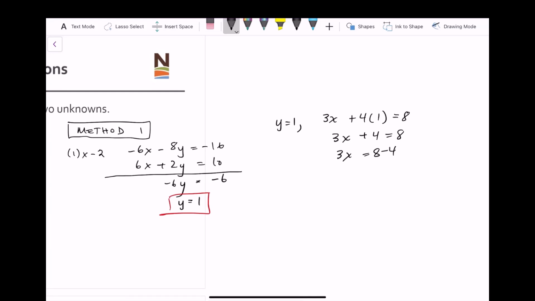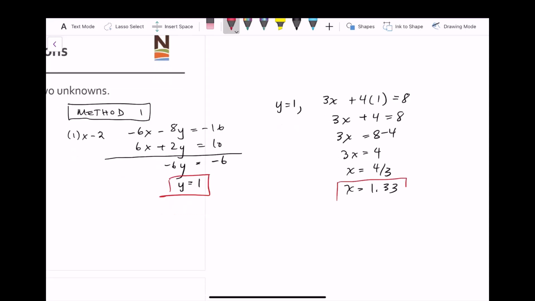Now we get 3x is equal to 4, and now we divide both sides by 3. So x is equal to 4 over 3. So our final answer would be x equal to 1.3. That should be 1.33. Okay, so there's our answer for x and for y.